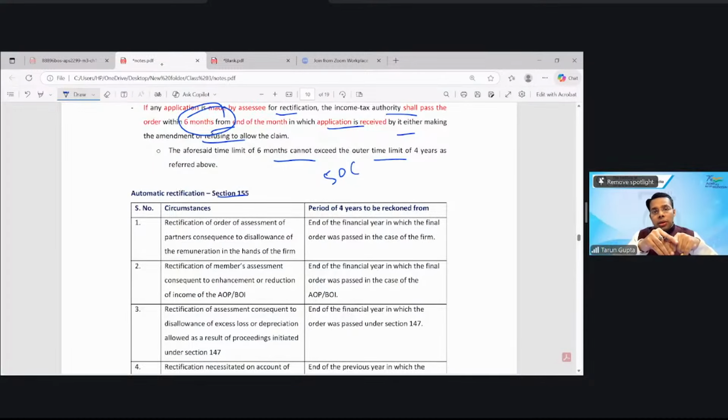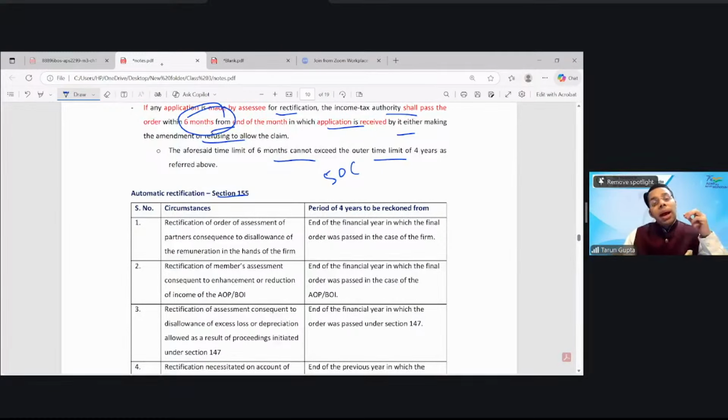Now, in such a case, there should not be any addition. While computing capital gain, the sale consideration should have been considered as 80 lakh only and not 1 crore. So, the capital gain which the assessee computed by taking stamp duty value as sale consideration was wrong. Okay, it got rectified subsequently.